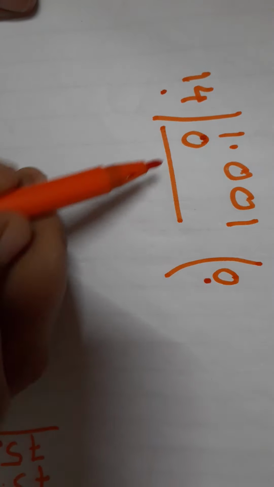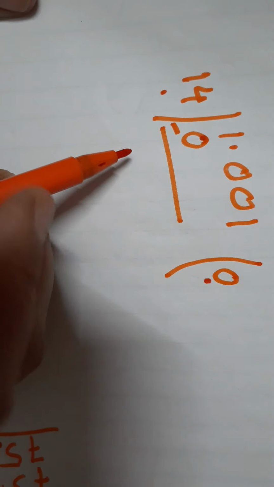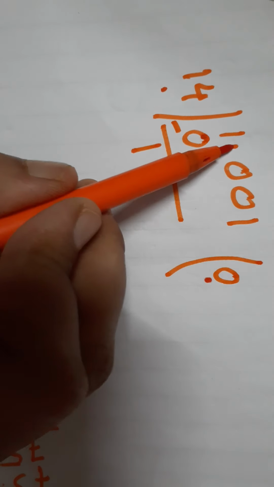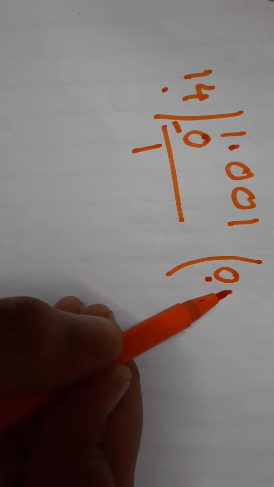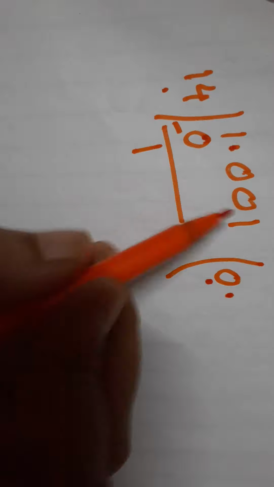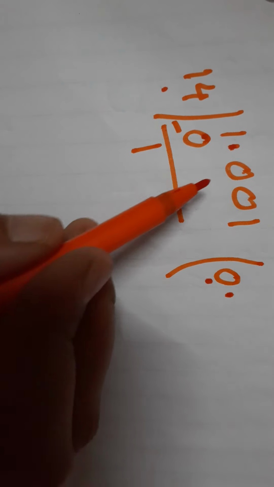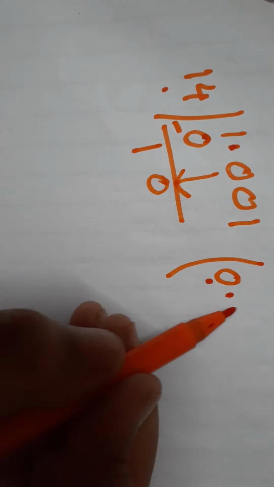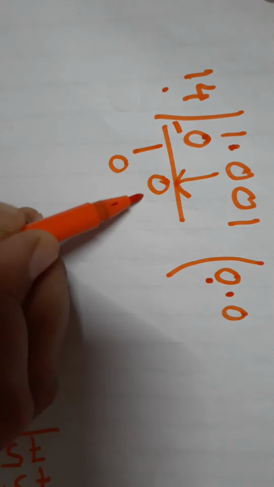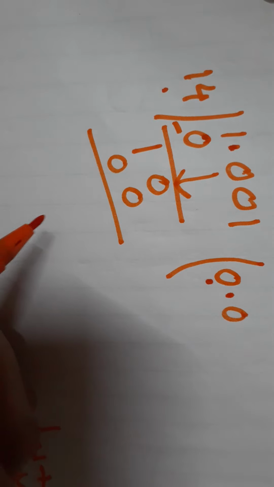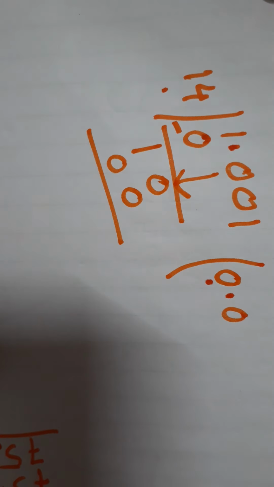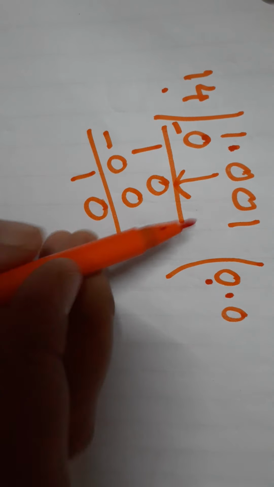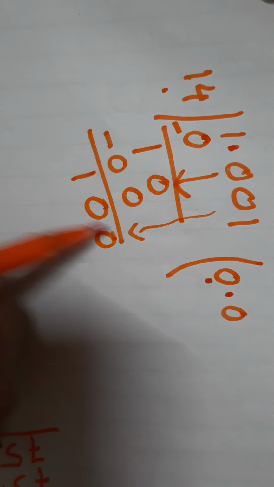There is no other way. Now when we subtract 0 from 1, this 1 will come down. Now this decimal point will go and sit in the quotient. Then this 0 will come down, but again 14 zeros are 0 we have to use here, because this 10 is less than 14. After subtraction, this 10 will come down and one more 0 will come and sit here.